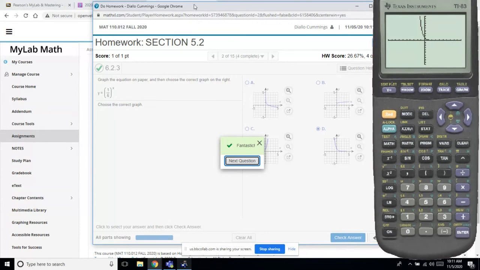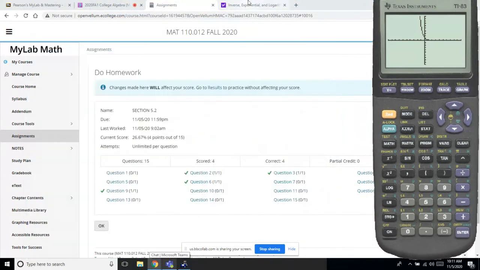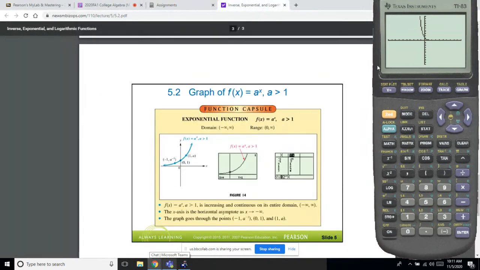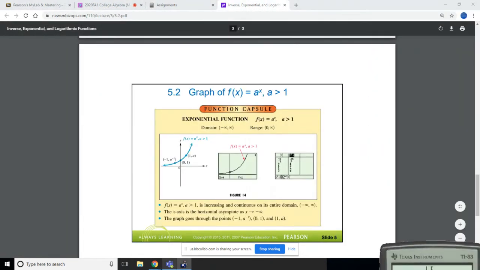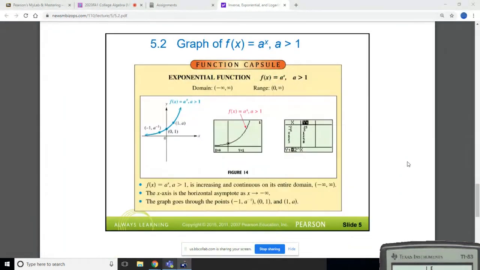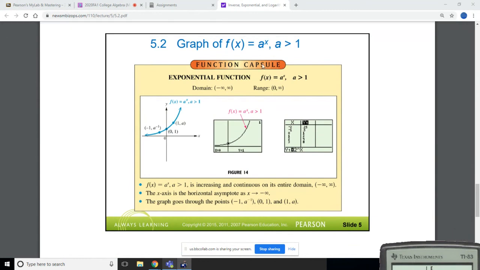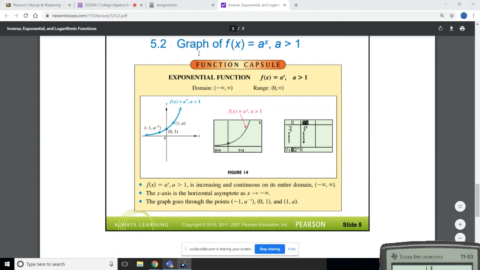Now going a little bit more in detail with these exponential graphs. All right, I'm going to return to the slides. Okay, so these are actually twofold. What I mean by twofold is that here's the graph of f of x is equal to a raised to the power of x, but a, which is your base, is greater than 1.